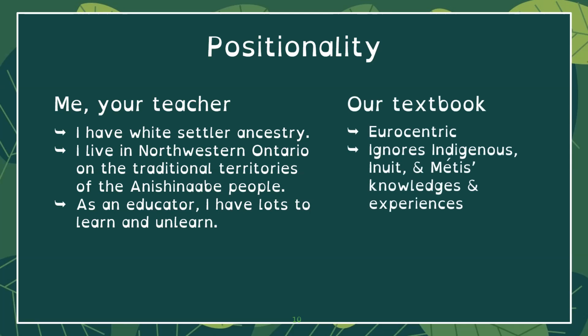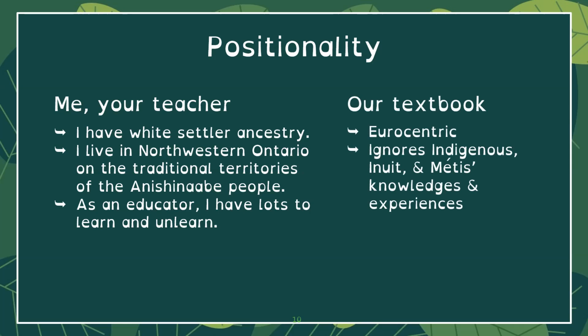Also, our textbook is Eurocentric. I've noticed that many of the examples, if not all of them, are situated around the white experience. Either white or European-centric scientists, values and views, or white communities are the examples or topics talked about within the book.